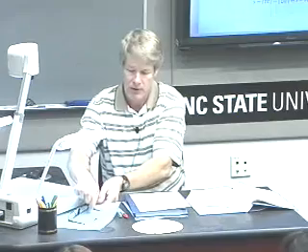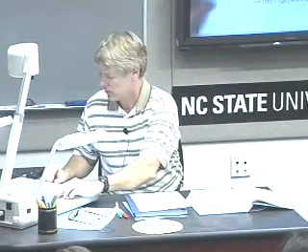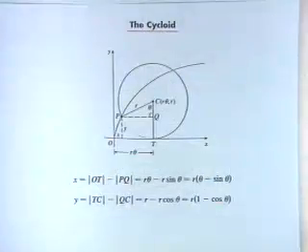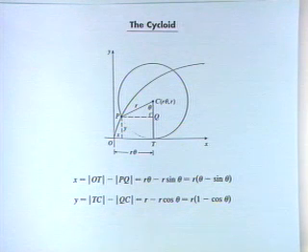You probably know me well enough at this point in this semester to know that I'm going to spend a few seconds on where these equations come from. So this is a diagram from your book, copied. But rather than just take the parametric equations that are handed to us, I want us to see where they come from on the diagram.